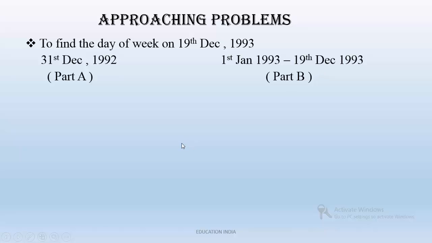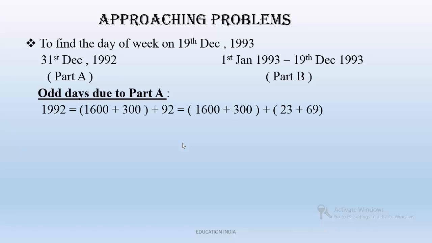First we calculate the odd days due to part A. Now, the year 1992 can be broken up as 1600 plus 300 plus 92. Why this specific breakup? A thing which you must keep in mind is that 1600 is the closest number to 1992 which is less than 1992 and divisible by 400.